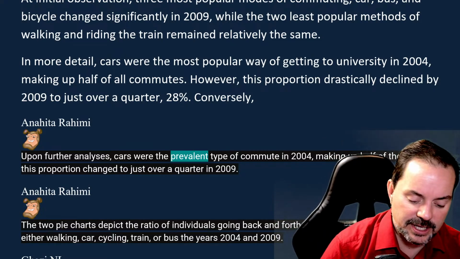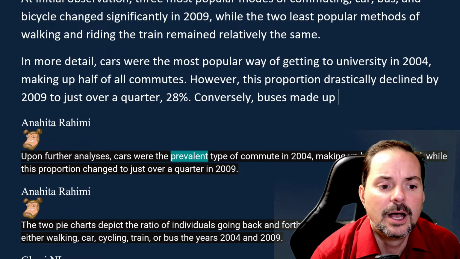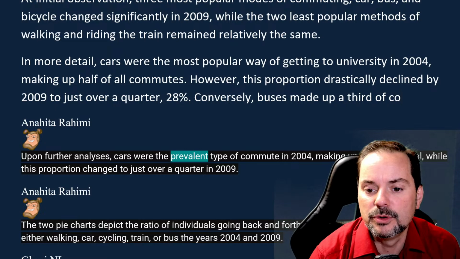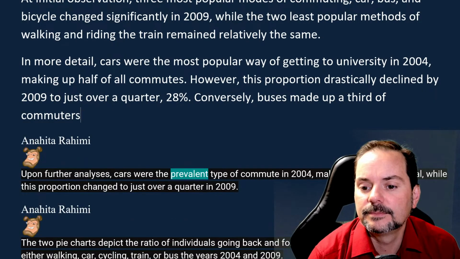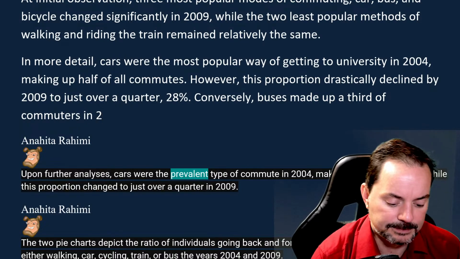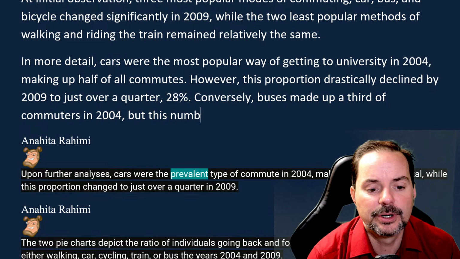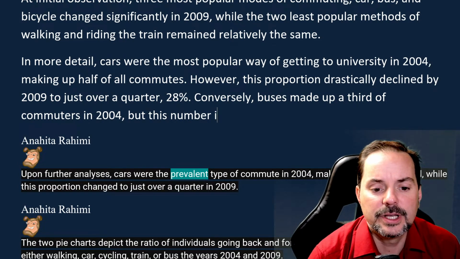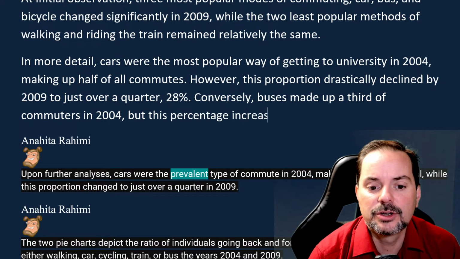So conversely, buses made up a third of commuters in 2004, but this number increased, or this percentage increased.